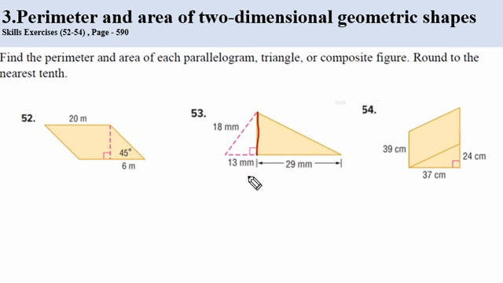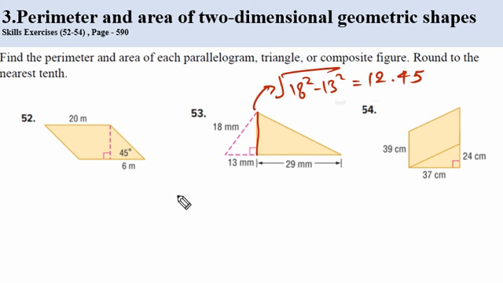So what I'll do now, I'll do it quickly. This I calculated as square root of 18 square minus 13 square. That was 12.45. Yes, 12.45.